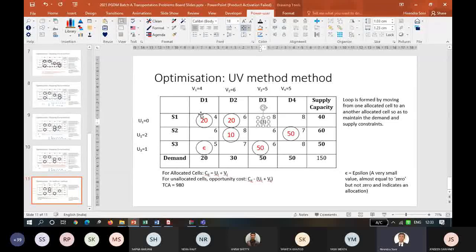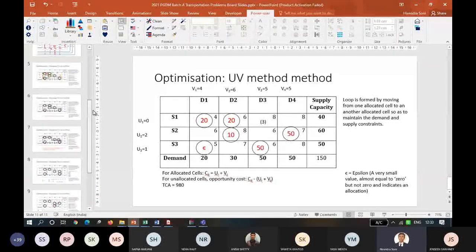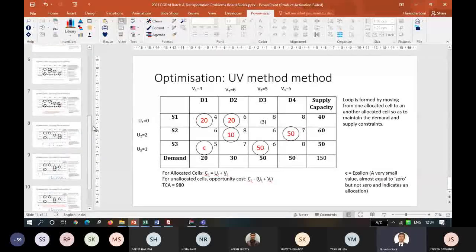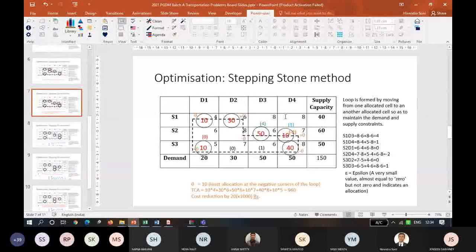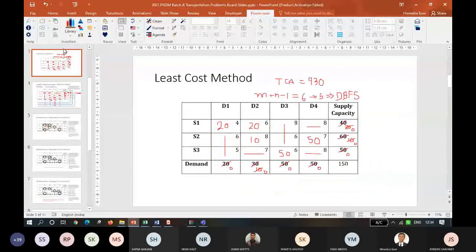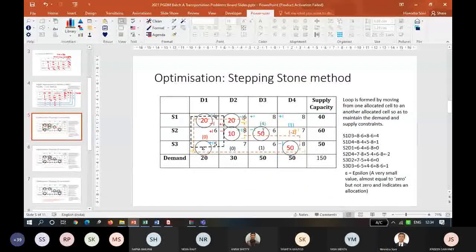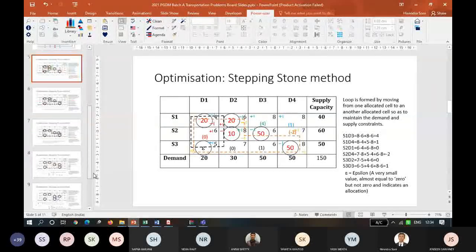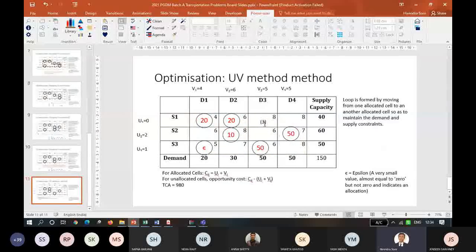Correct? हमने स्टेपिंग स्टोन मेथड से इसके लिए पहले कैलकुलेट किया था फर्स्ट इंस्टेंस में. कैन वी लुक एट दैट? यही था क्या? नहीं. ये वाला था ना. तो यहाँ पर हमको क्या मिला? 4 20 20 10 50 50. हमने उधर कुछ गड़बड़ किया था क्या?